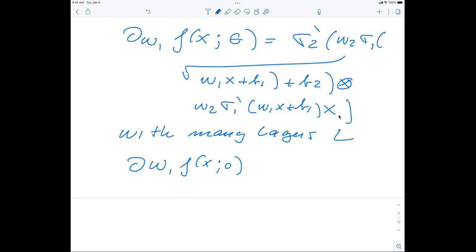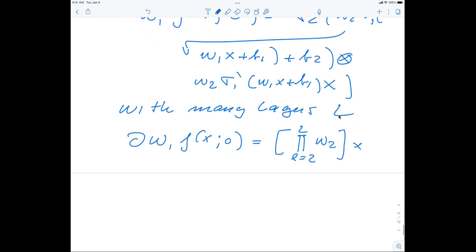And you can quickly see how this can pose problems. So this will be the product. I would have an L equal 2 here up to L. And then I have my W2 here. And this is multiplied with, so I have now my multiplication from L equal 1 to the final layer of sigma z prime.